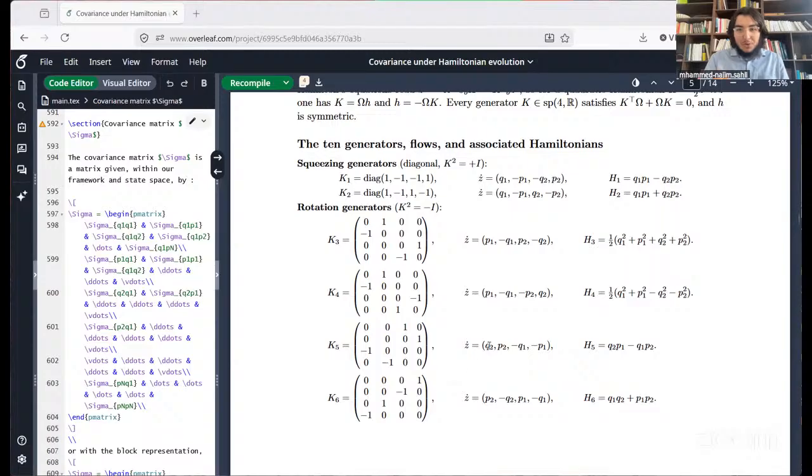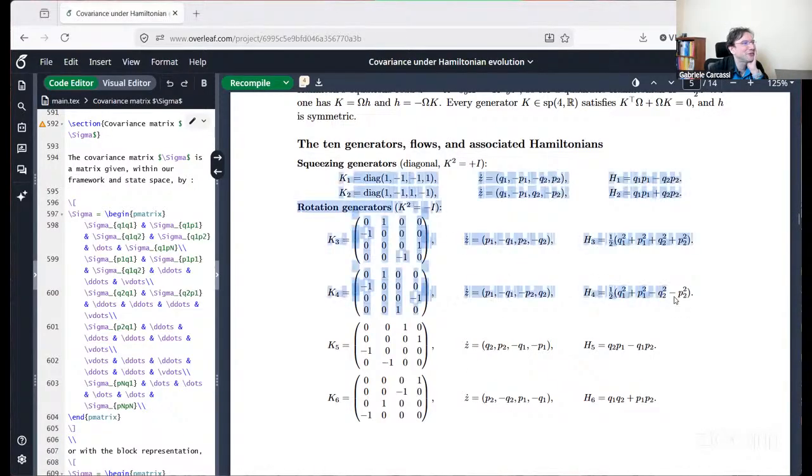Maybe you can just go down a little. So basically, you can see that these first four generators are equivalent to the generators that we found that are limited inside each degree of freedom, right? Because we had this generator with a zero here, and we have the other one with the zero here.